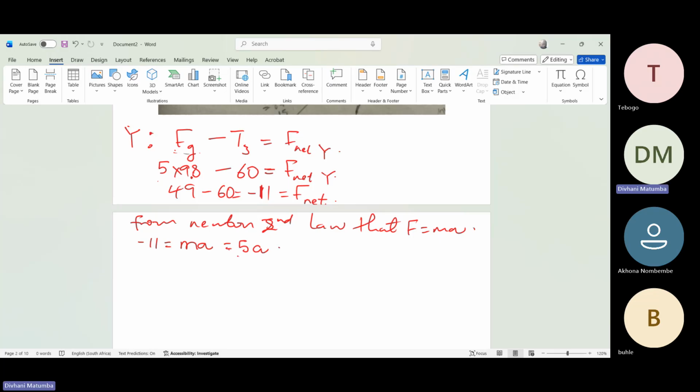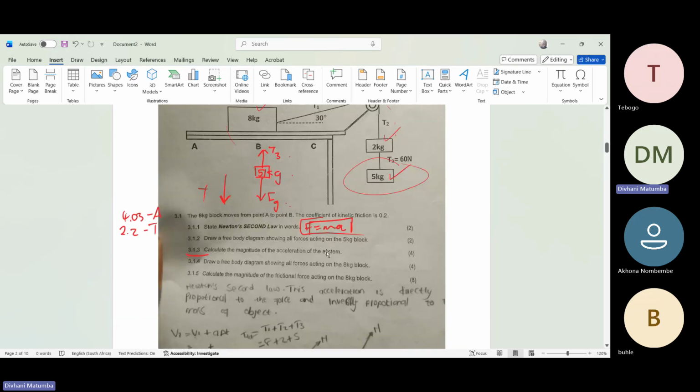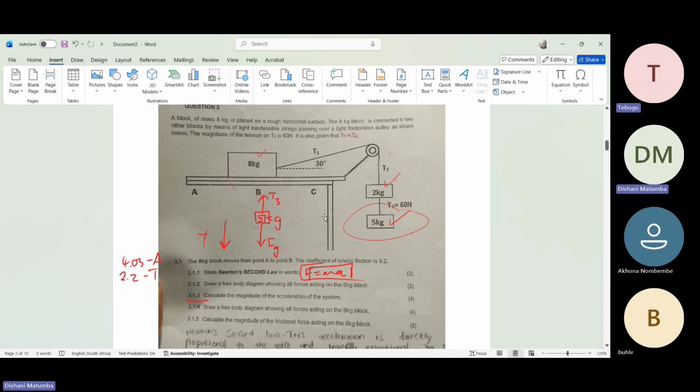If we divide both sides by 5, our acceleration will be minus 11 divided by 5, which is minus 2. Negative 2 meters per second squared. I think one of you got it right. Yes, Tebogo got it right.